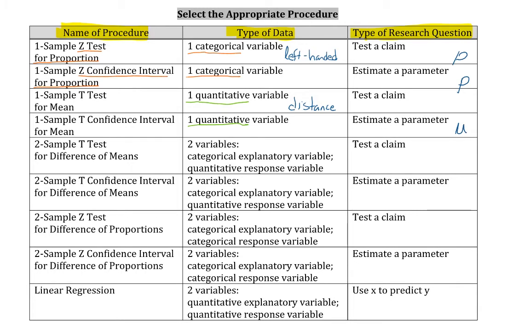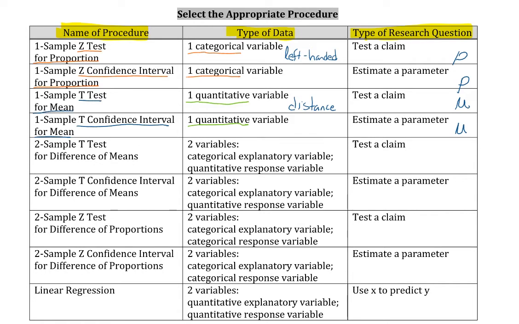And if we wanted to estimate this parameter, the mu, this is where we would use a one-sample T confidence interval for the mean. However, if we wanted to test a claim about the mean distance that students at SLCC drive to get to school, then this is where we would look at a one-sample T test for the mean.